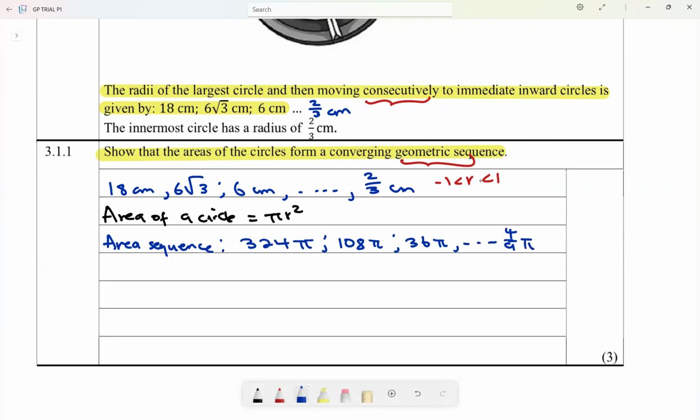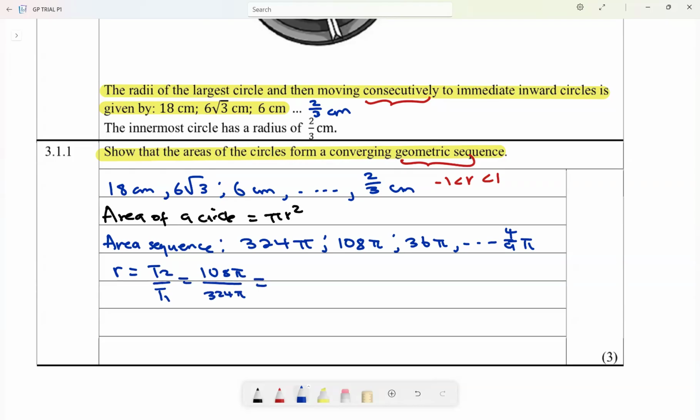So let me see the value of r, okay? Remember, the value of r is going to be T2 divided by T1, which is still the same as T3 divided by T2. So the value of r, in this case, is 108 pi divided by 324 pi.